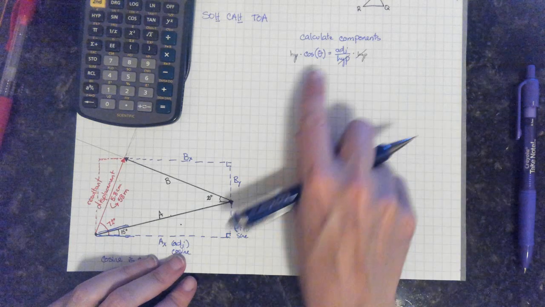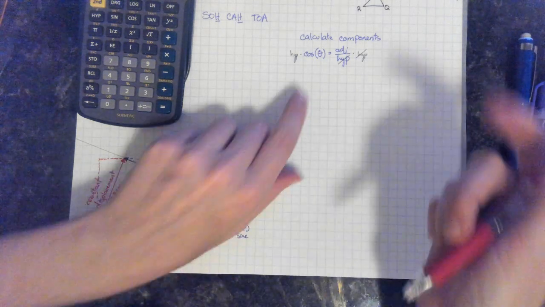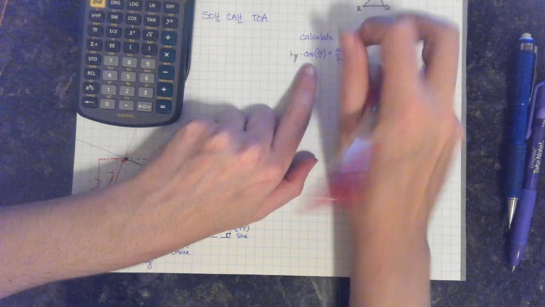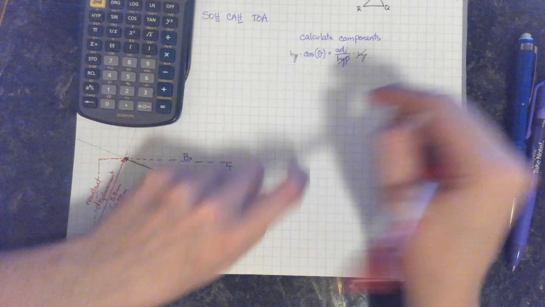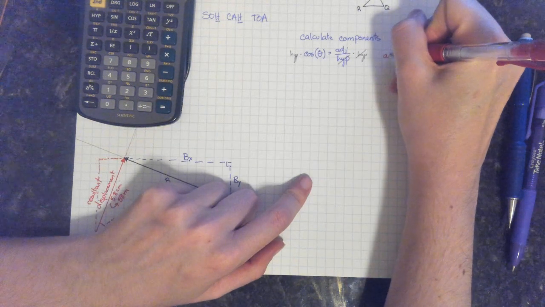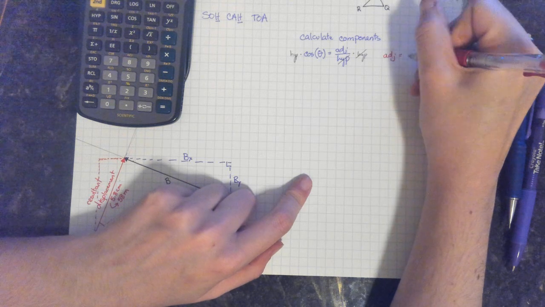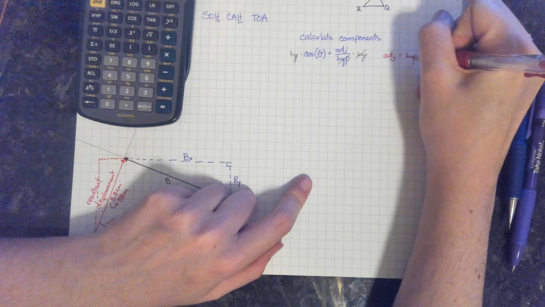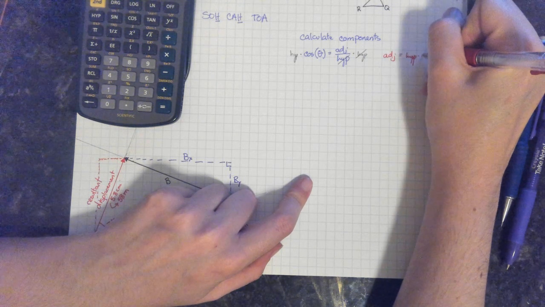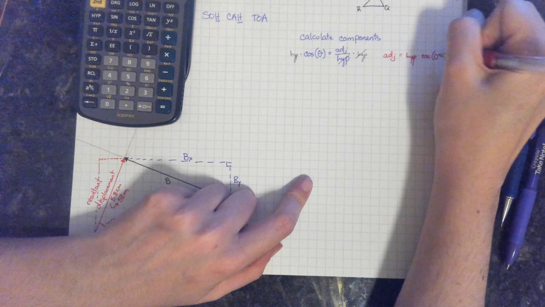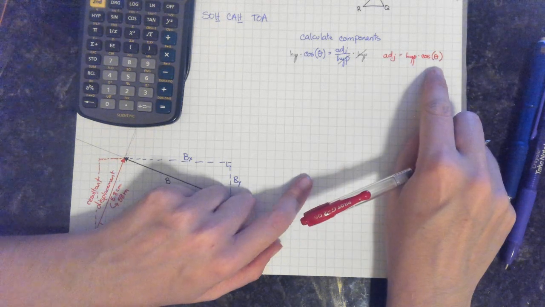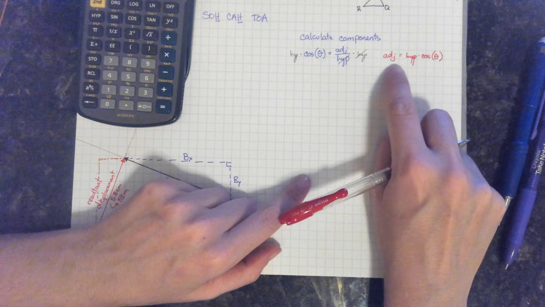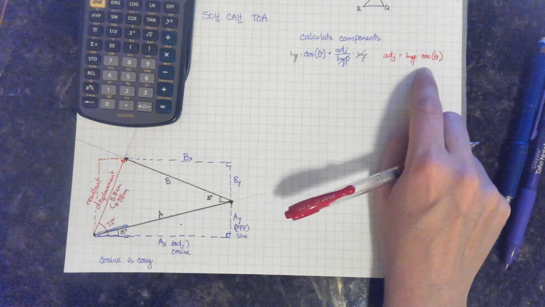Alright, so this is going to be what we wind up having, and we can flip the two sides. We have the adjacent side equals the hypotenuse times cosine of the angle. This is a really important version of this equation to keep around.